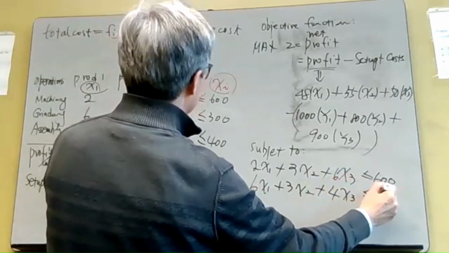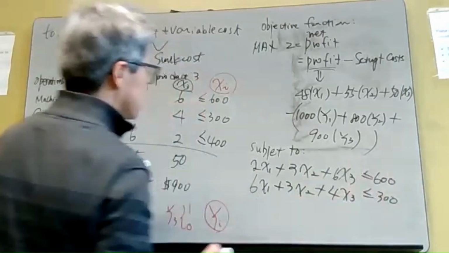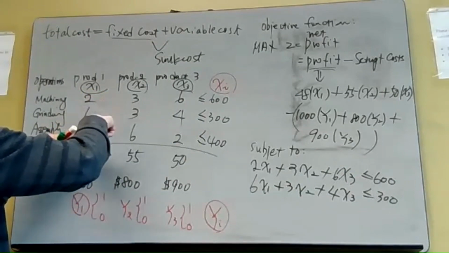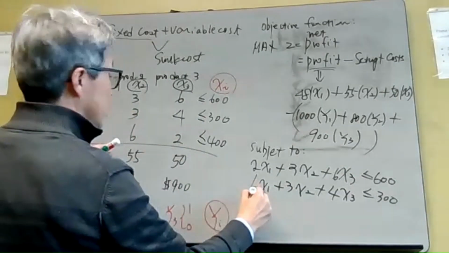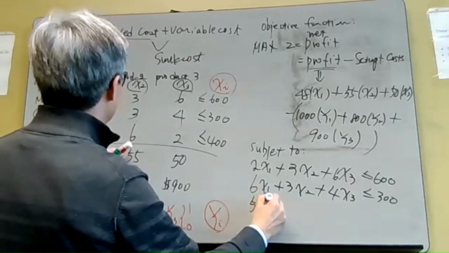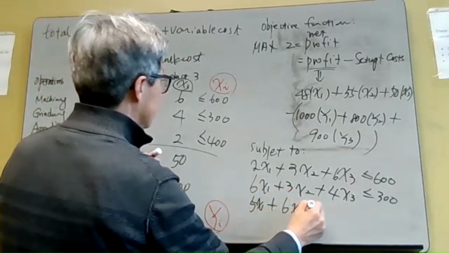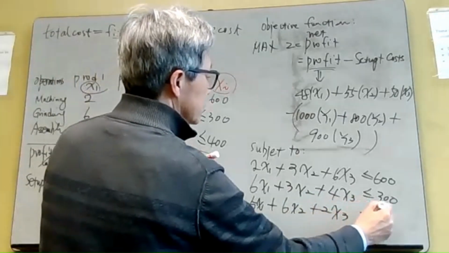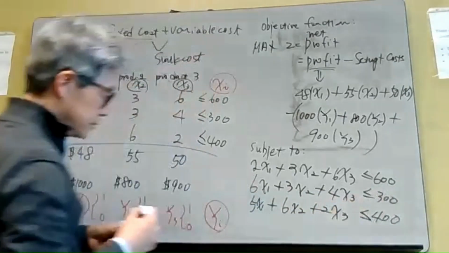That should be less than or equal to 300. You need 5 assembling hours for product 1: 5x1 plus 6x2 plus 2x3, so less than or equal to 400.